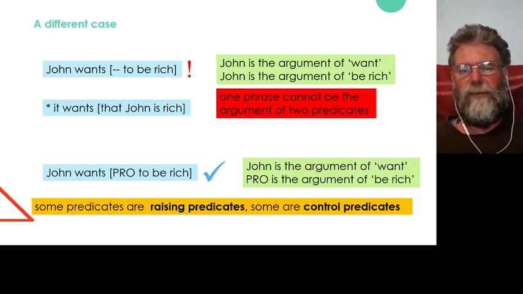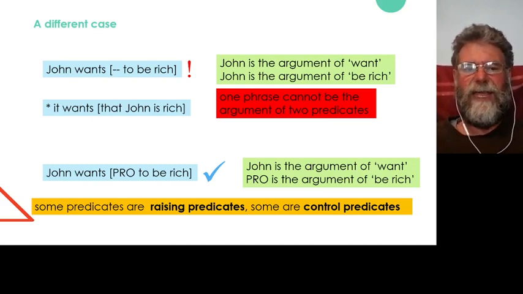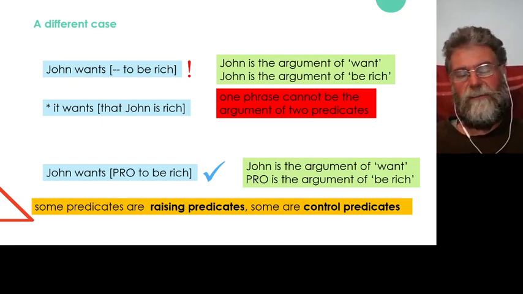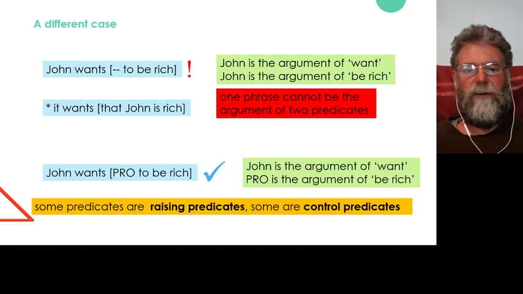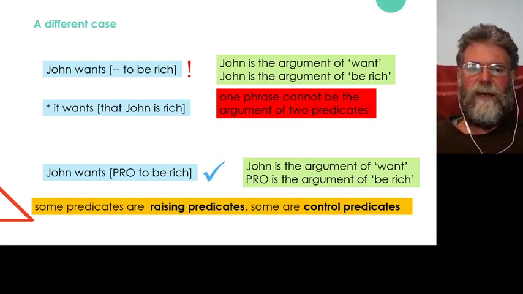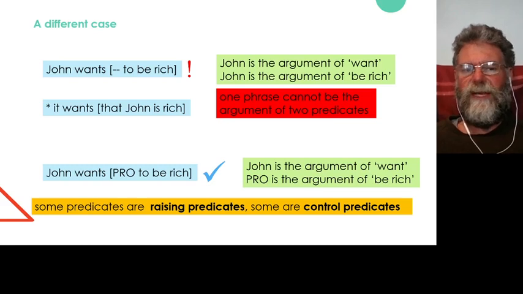There are the kinds of predicates which allow raising to happen. That's predicates like "seem." These are predicates that don't have their own subject arguments, and therefore their subject position is going to be open to be moved into by some other element, particularly the subject of the lower clause. But then there are these other kinds of predicates which do have their own subjects, but can take a non-finite clause with one of these pro subjects in it itself.